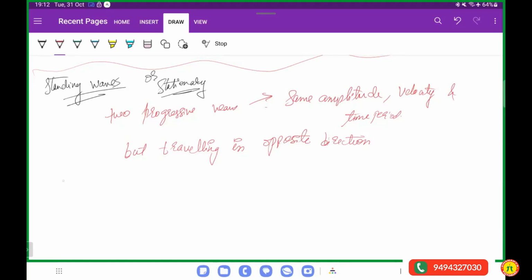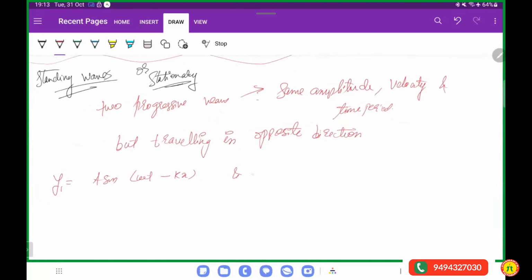So how to write opposite direction? By phase angle. Simple. So let's take y1 equals A sin(omega t minus kx). So opposite to that, y2 equals A sin(omega t plus kx). By this only we can say they are in opposite direction.